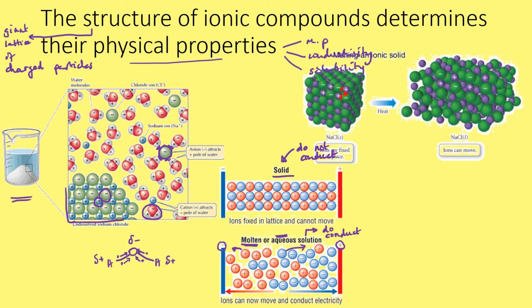And by definition, what that means is that the melting point is high. Okay, so that's the point about melting points: because the electrostatic attraction between oppositely charged ions is strong, that means the ionic bond is strong, which requires a lot of heat to break it, and therefore the melting point is very high. And there we have it.